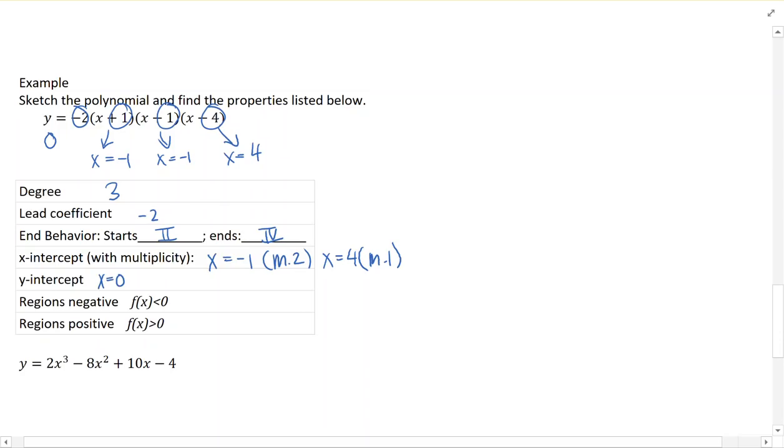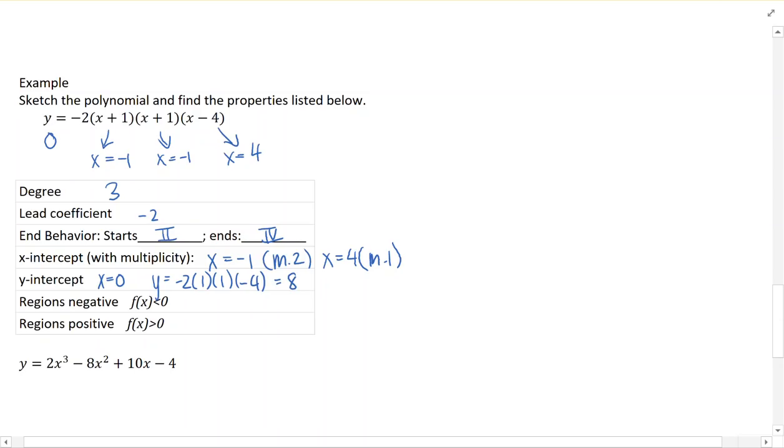And when we put 0 there, all we're left with is y equals -2 times 1 times 1 times -4. So that leaves us with 8.